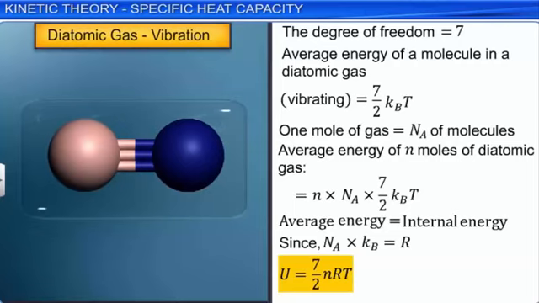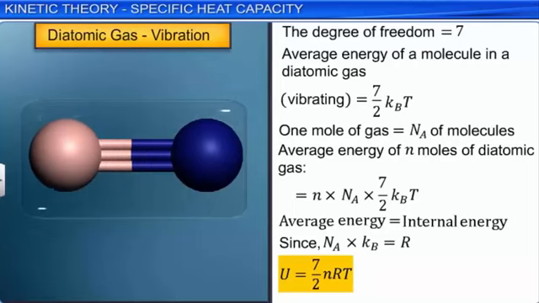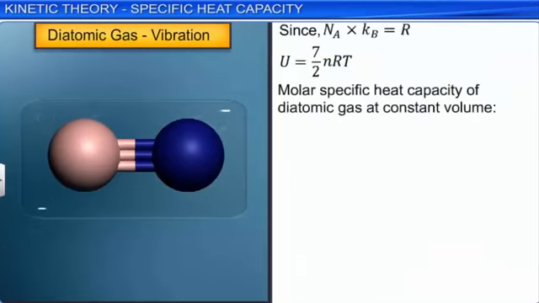The molar specific heat capacity of a diatomic gas at a constant volume, Cv, is equal to 1/n multiplied by dU/dT.